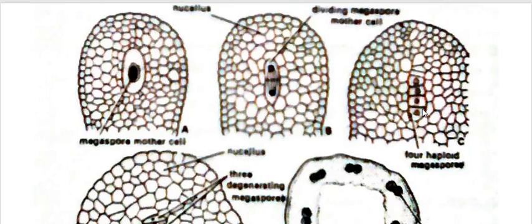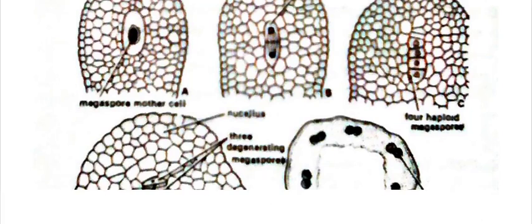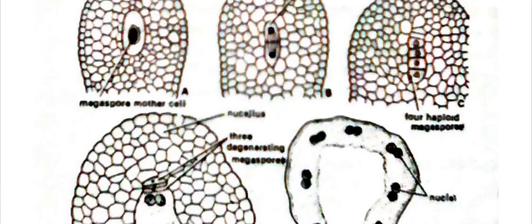From these 4 megaspores, the lowest megaspore becomes functional, and the upper 3 megaspores are degenerated.